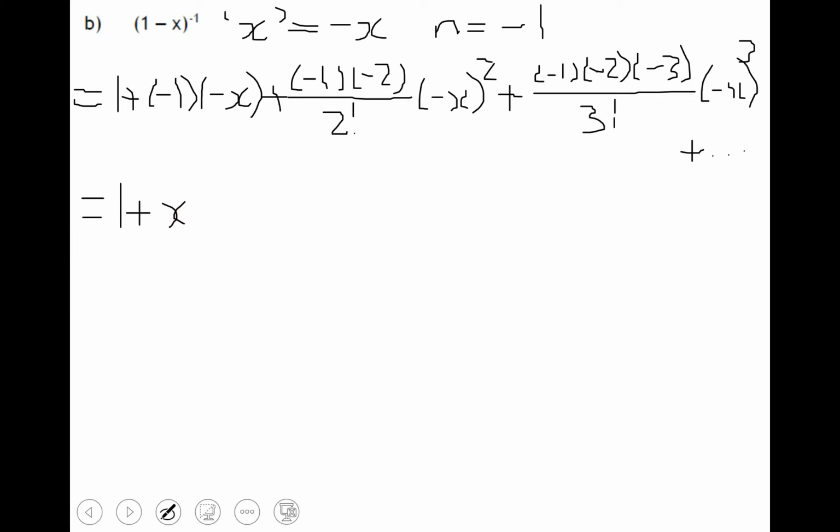Minus 1 times minus 2 is 2, over 2 factorial is 1, so we get plus (minus x) all squared, which is x squared. We get minus 1 times minus 2 times minus 3, which is minus 6, divided by 3 factorial is minus 1. (Minus x) all cubed is minus x cubed, so minus times a minus gives us plus x cubed. Plus dot dot dot.